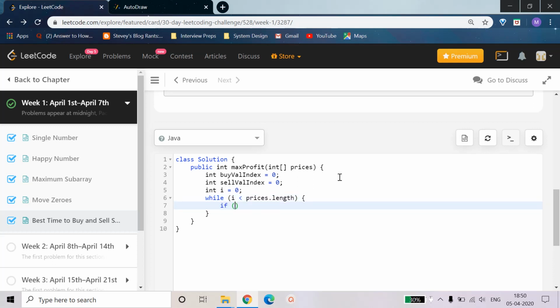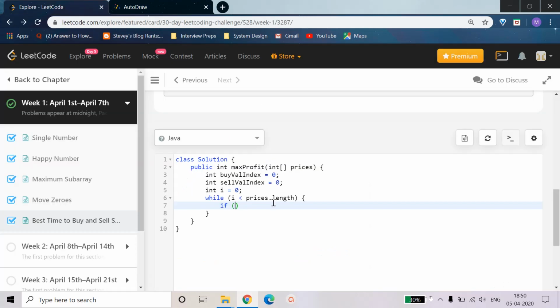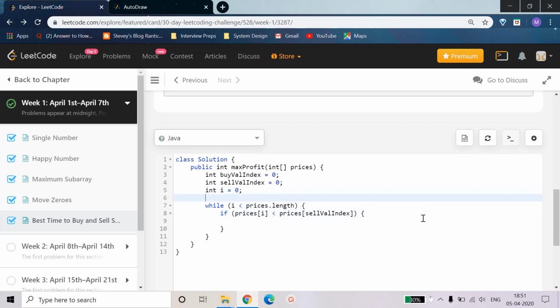And what I'll check is, let's consider this point. If my runner is pointing to a price that is less than the price of the sell value index, then what I should do is book the profit. In that case I should have a variable which stores the profit, and I'll initialize it to 0.